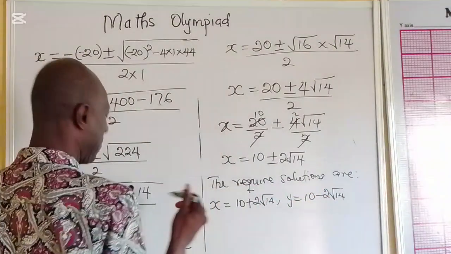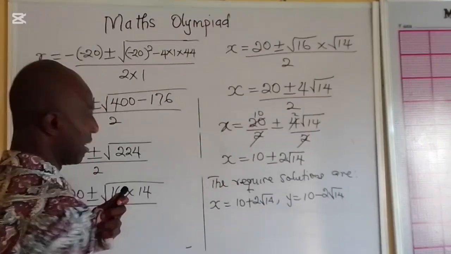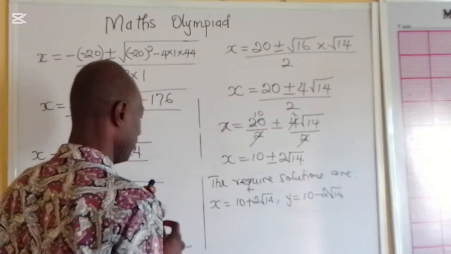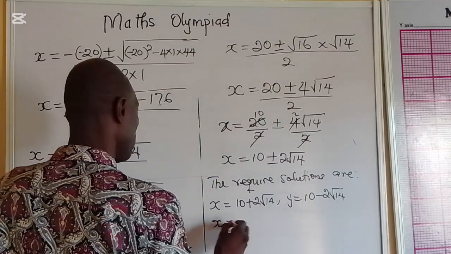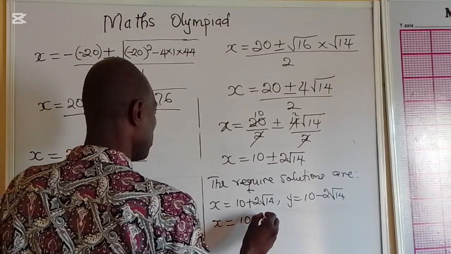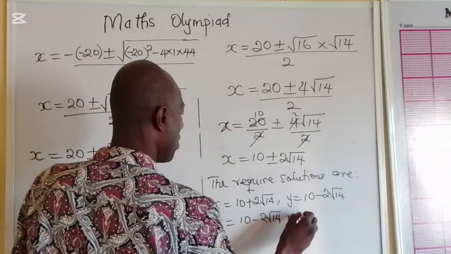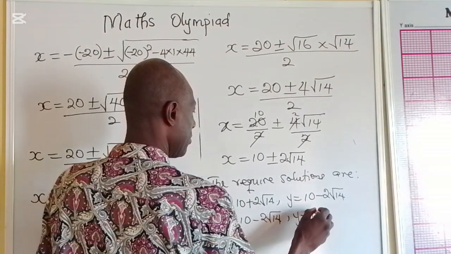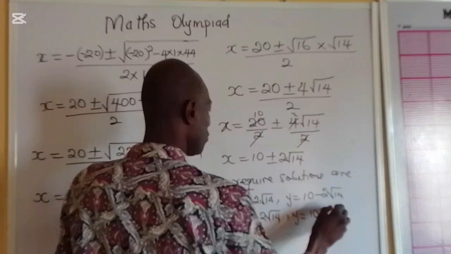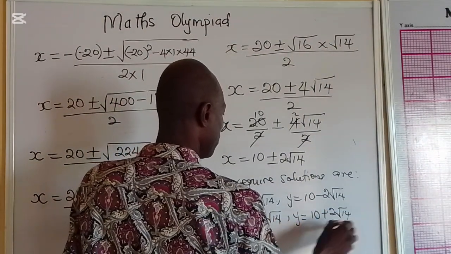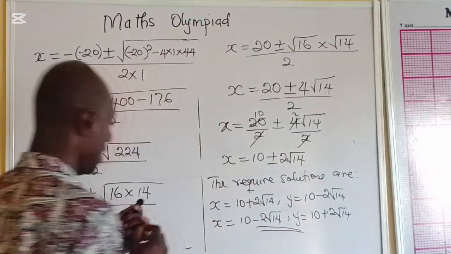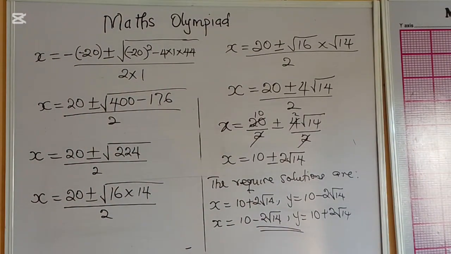In the same way, you can start with the negative and end with the positive. So x again is 10 minus 2 root 14, then y will be 10 plus 2 root 14. This is the answer to the question given to us.